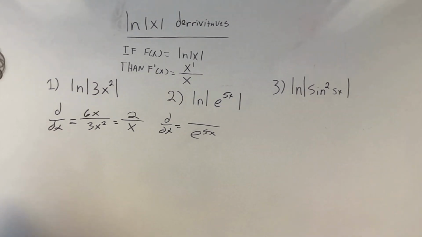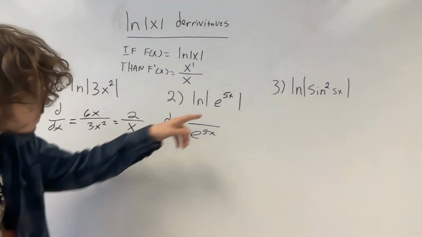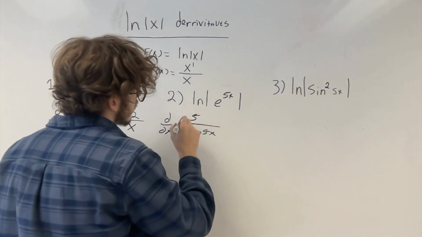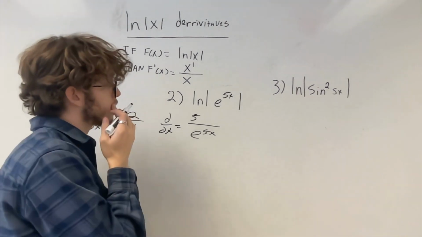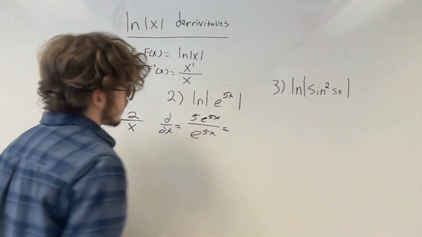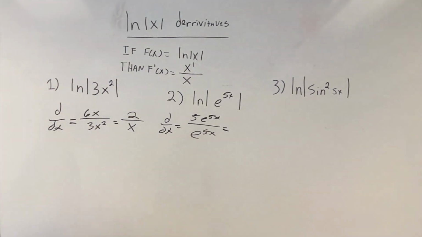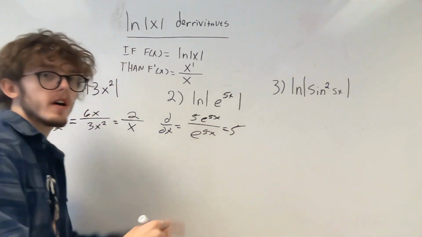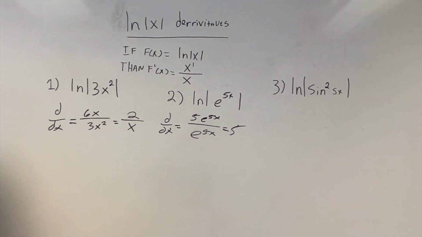If you remember from the last video, we just touched on this. You bring the exponent down and take the derivative of it, so it's just 5e to the 5x. And then if we cancel out the e to the 5x's, we're left with 5. So that's the derivative of the natural log of e to the 5x.